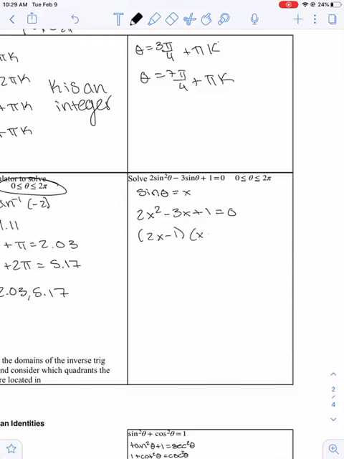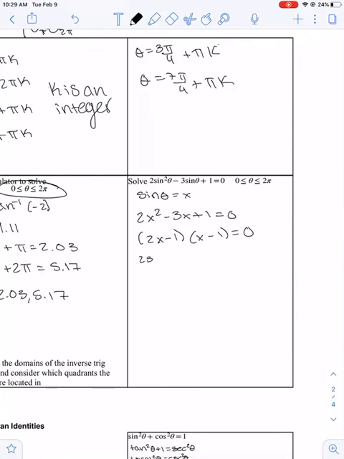We can factor this to be 2x minus 1 times x minus 1 equals 0. And then we're going to replace the sine back in now. So 2 sine theta minus 1 equals 0, and sine theta minus 1 equals 0.